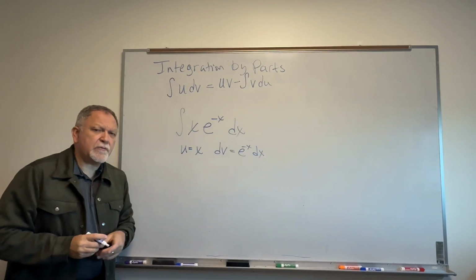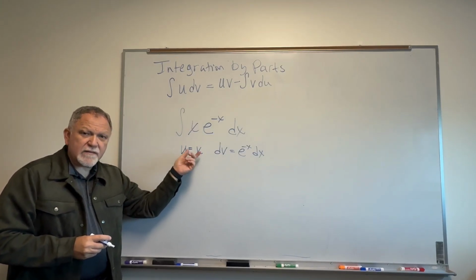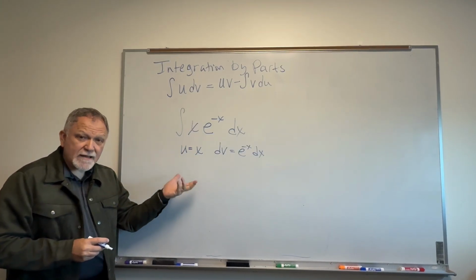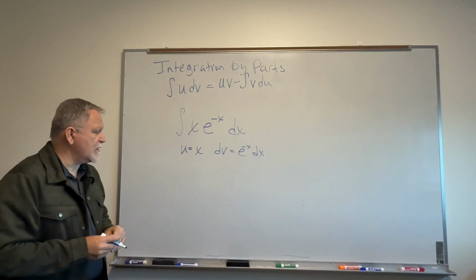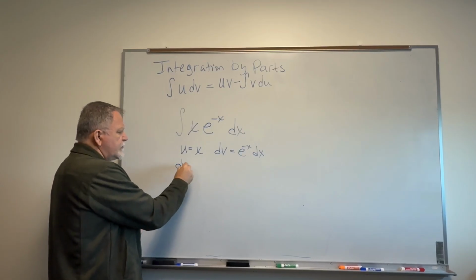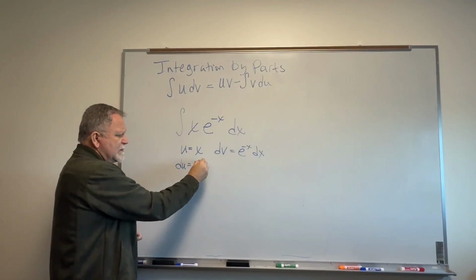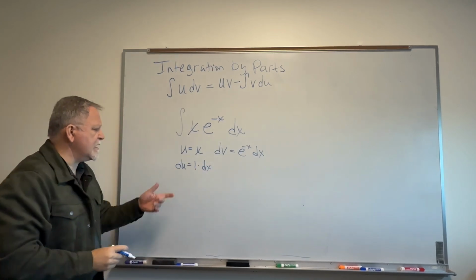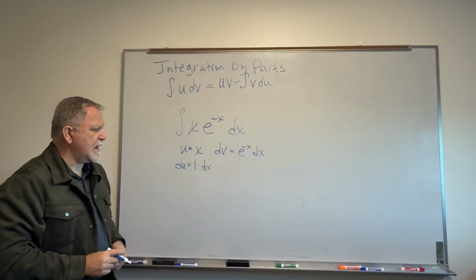And typically when you're picking your u, you want to pick something where the derivative is going to become constant or become less complicated as we proceed. So I'm going to go ahead and calculate du. Now du is the derivative of this, which is 1 times dx. So it'll always be du is whatever the derivative of the function is times dx.